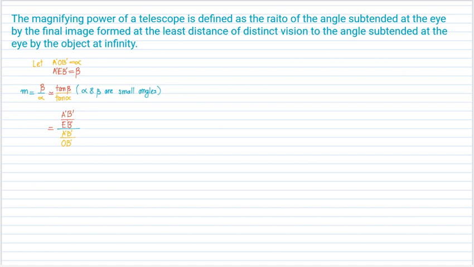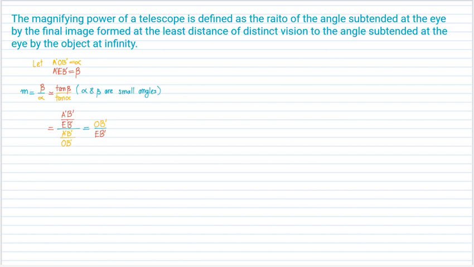So your M can be written as the ratio of O B dash by E B dash.